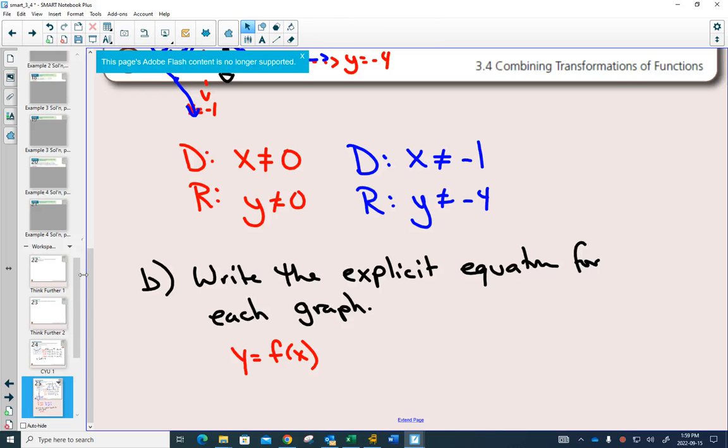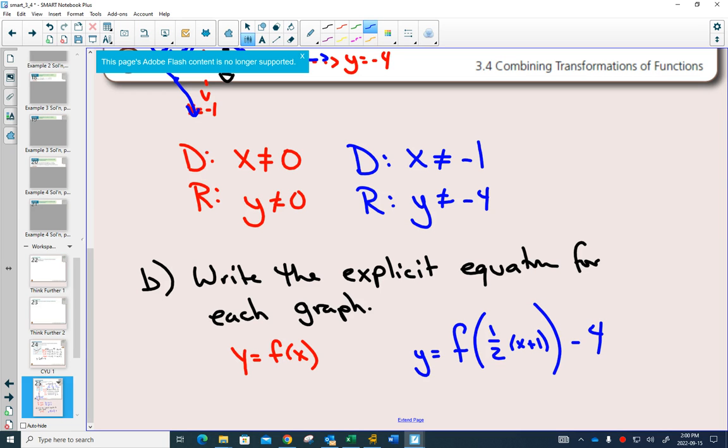The blue one was given to us as y equals f of 1/2 x plus 1, minus 4. Do you recognize the red graph from our colored papers? The red graph was 1 over x. So in a sense, the function part is 1 over x.